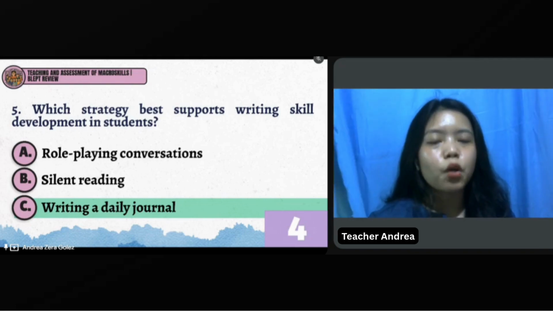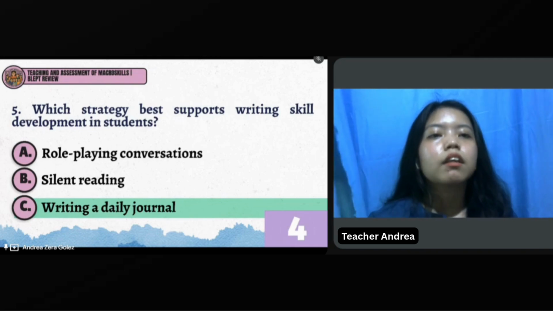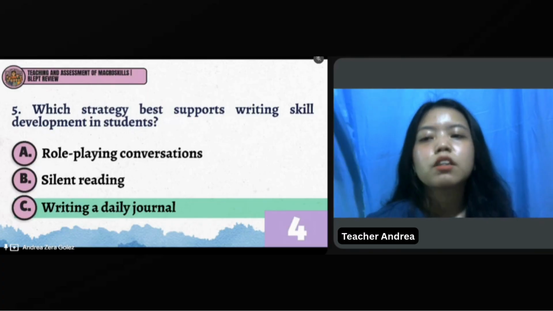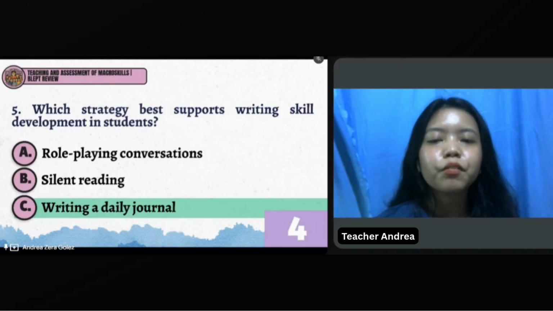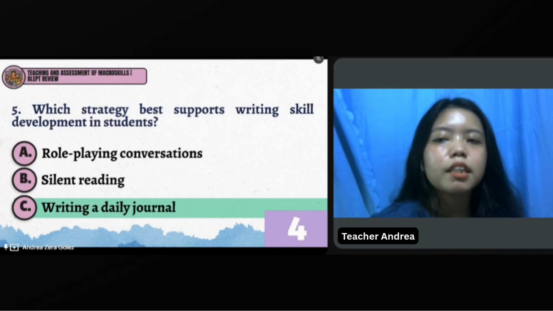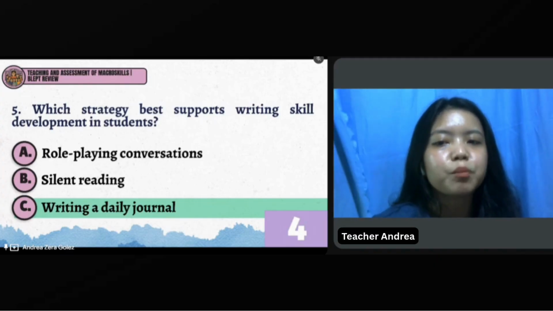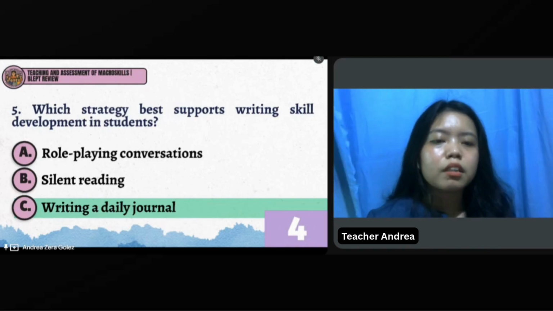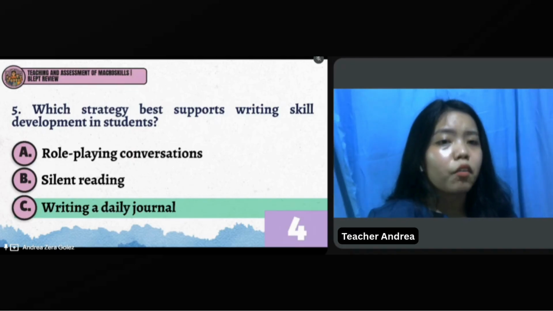The two choices that were not chosen are role-playing conversations and silent reading. In role-playing conversations, of course, you are not using your writing skill to develop the students' way of writing, but rather it involves speaking, right?